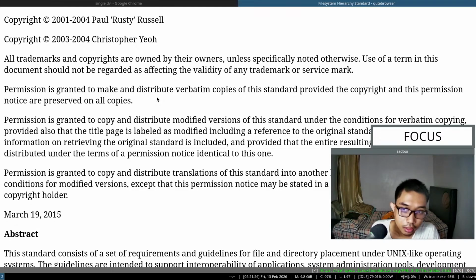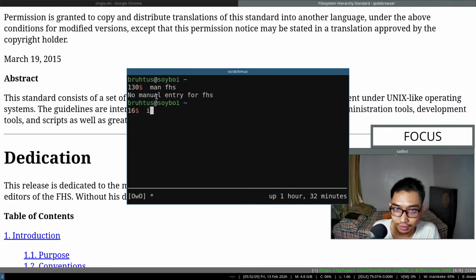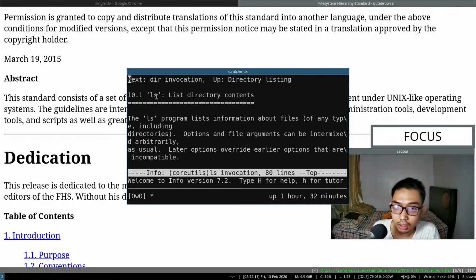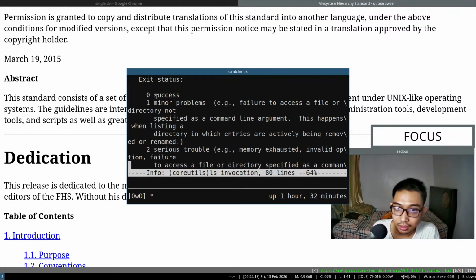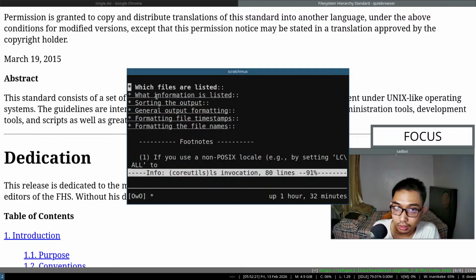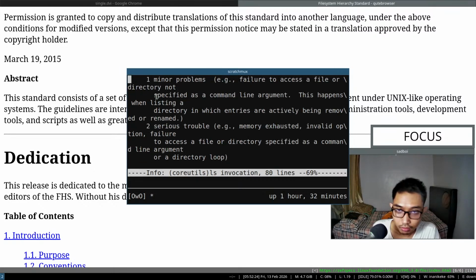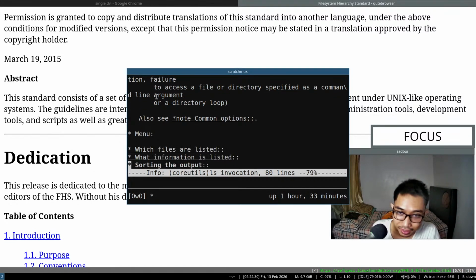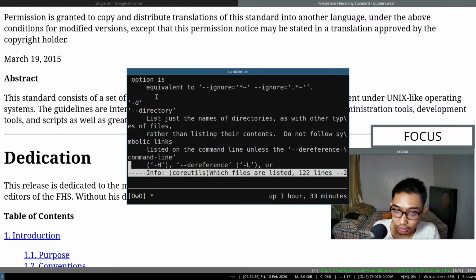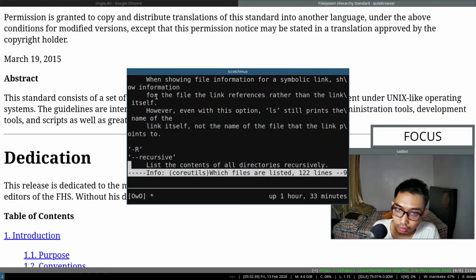But there are different kinds of files, and I forgot what they are. I think ls.